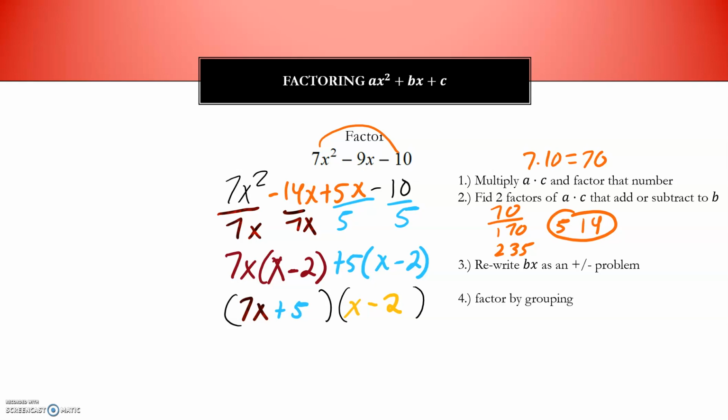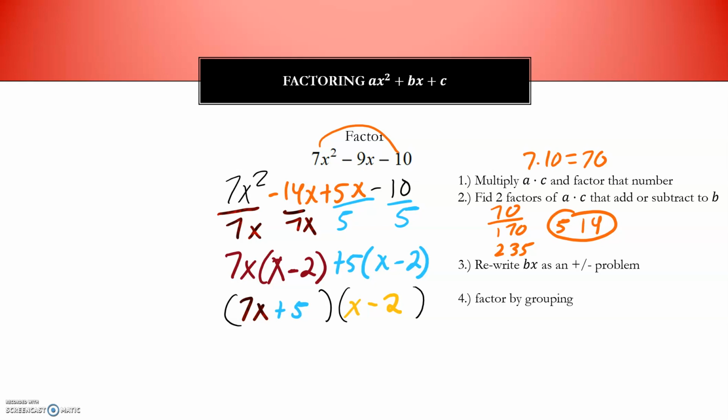And one thing I want to say before we look at our last problem that you may have noticed: when I do my a times c, or when I'm finding the factor of c that adds up to b from last video, I don't usually worry about the sign, like 7 times negative 10 should be negative 70, right?